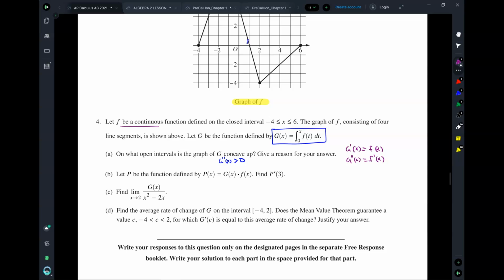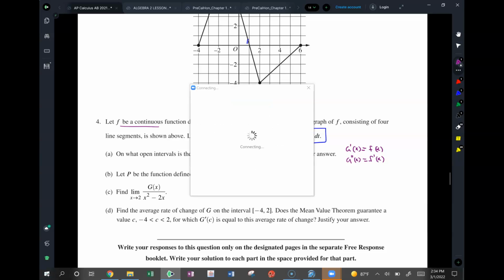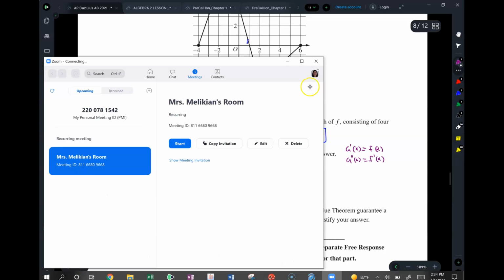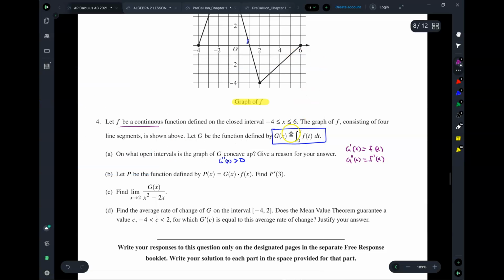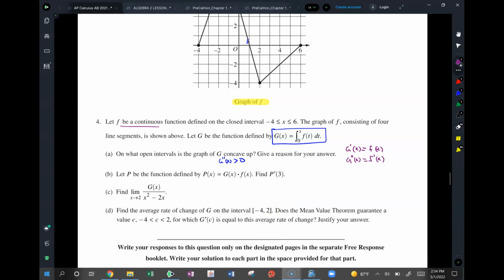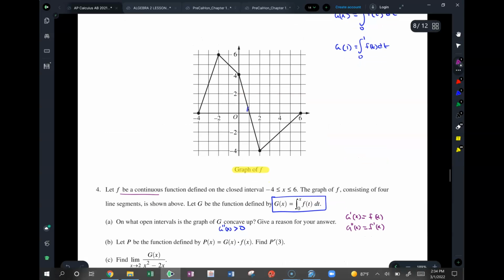So, on what intervals is g concave up? On what intervals, I don't have anyone on there today, so. Okay. On what intervals is f prime positive, or where do you have increasing slope?